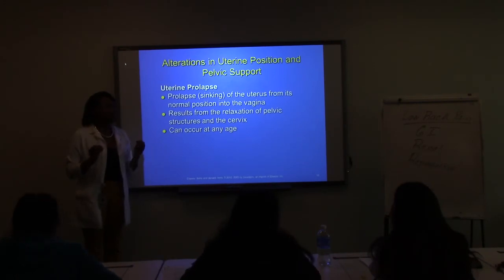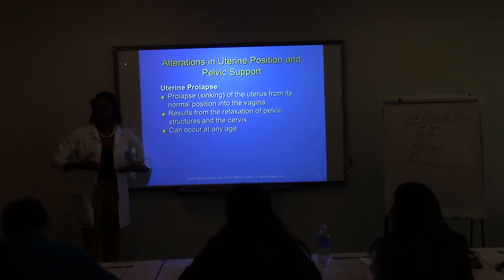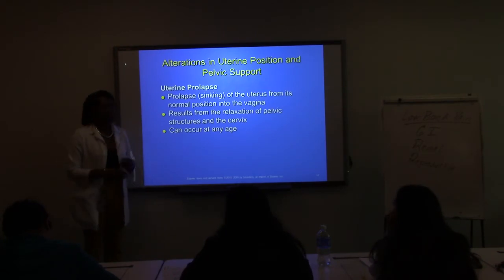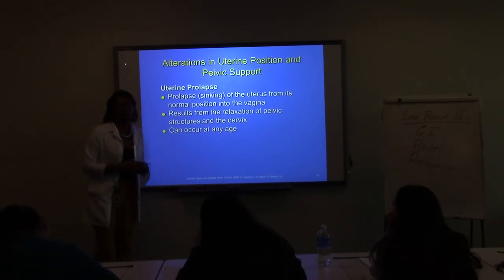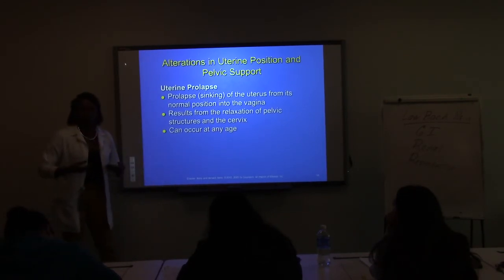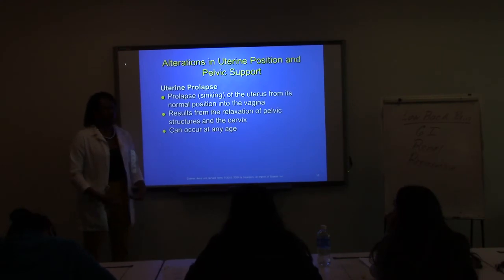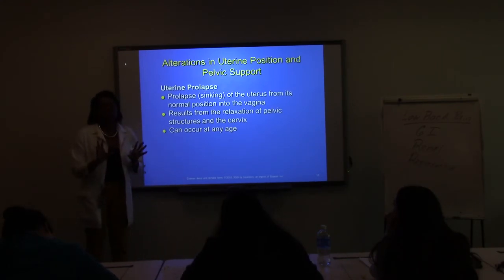So what's going to happen, we have to go over all of the uterine types of displacements. Okay. So the first one we have here is something called uterine prolapse. So this is where the uterus actually will sink and prolapse down into the vagina. And so this is how it occurs.